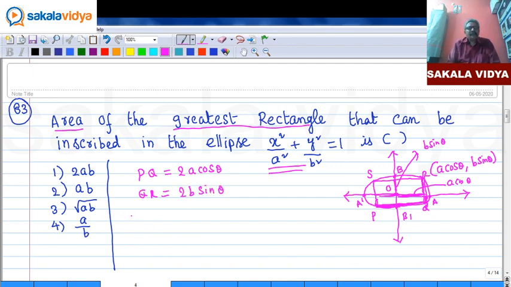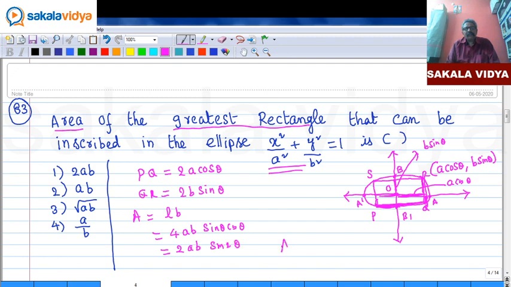Area of the rectangle is equal to length into breadth, that's equal to 4AB sin theta cos theta. So this we can write as 2AB sin 2 theta.